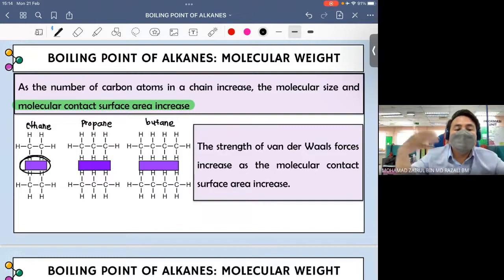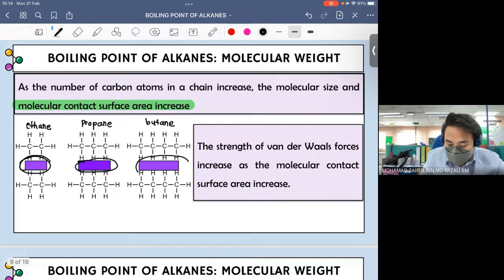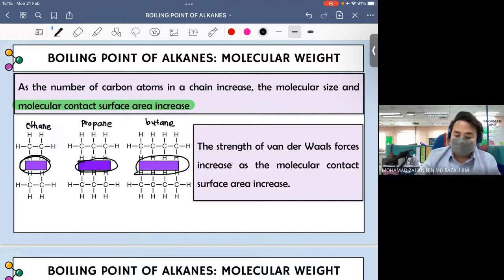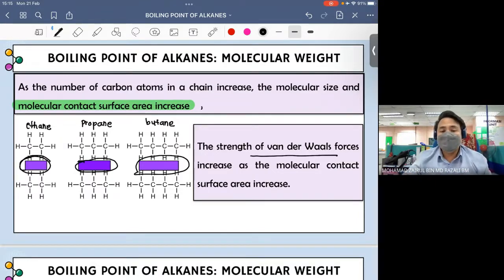Now if I add another carbon, we will see the molecular contact surface area gets bigger and bigger. If I add one more carbon, the point where the molecules are in contact with each other gets bigger as the number of carbon increases. So as the molecular contact surface area increases, the strength of the van der Waals forces will also increase.